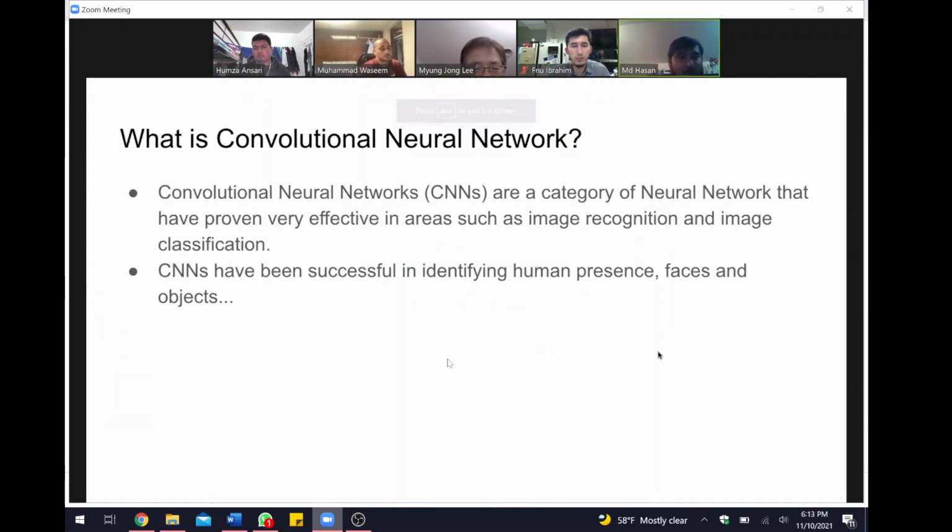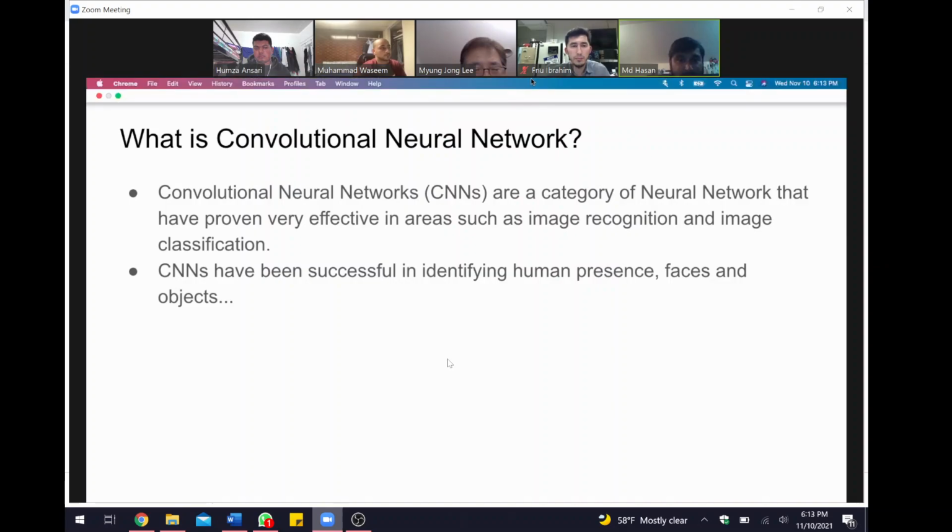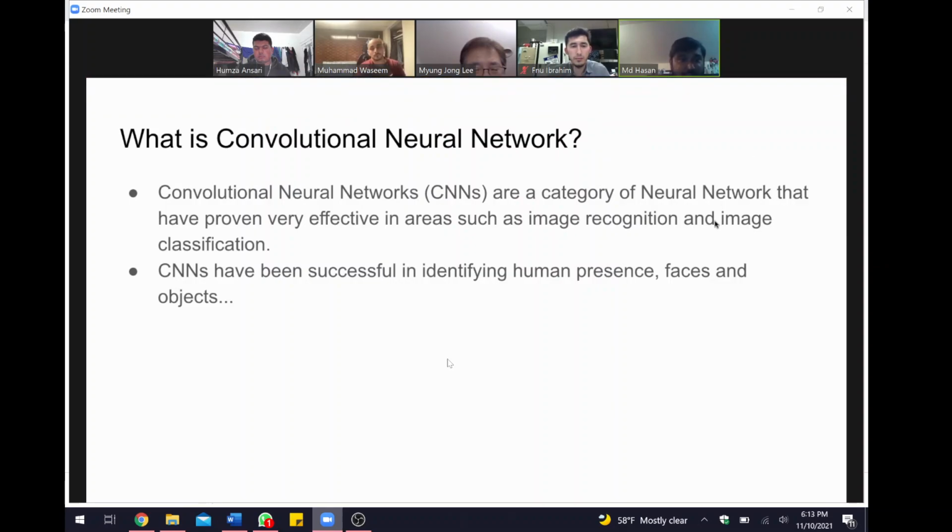This is the biggest part of the machine learning right now, because we're doing face recognition and presence detection. So this is the biggest algorithm. How does a convolutional neural network work? CNNs are a category of neural network that have proven very effective in areas such as image recognition and image classification.